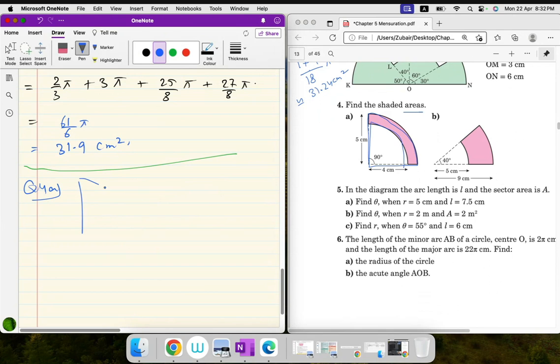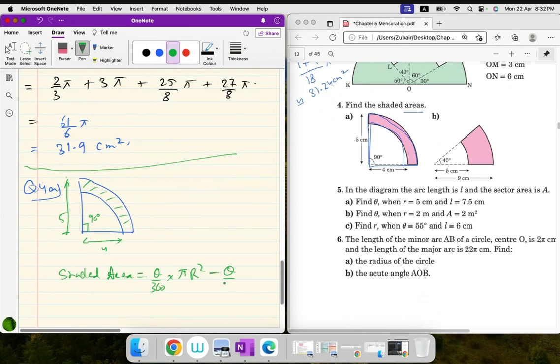So maybe we just look at these shapes. Suppose like this: outer radius is 5 and the inner radius is 4. Angle is 90 degrees. The shaded area is equal to angle by 360 into pi R squared minus angle by 360 into pi r squared.